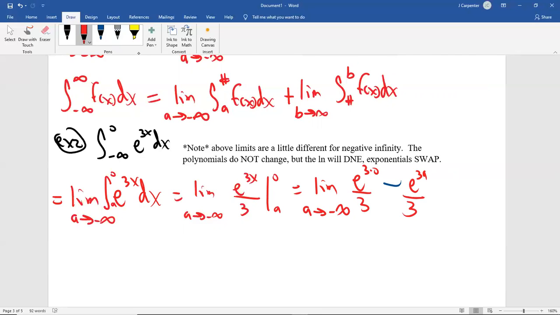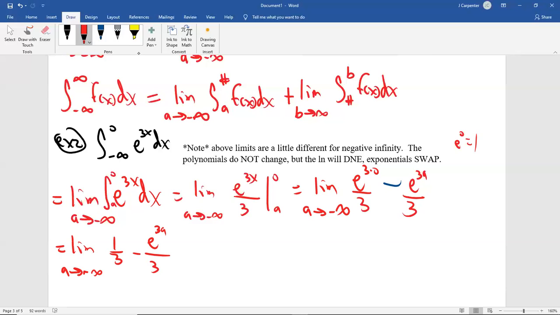Let's keep it split. So the first one was plugging in the 0. This was plugging in the a, which is arguably negative infinity. Well, 3 times 0 is 0, so that's just e to the 0, and remember, e to the 0 is equal to 1. So this is the limit as a goes to negative infinity of 1/3 minus e to the 3a over 3.